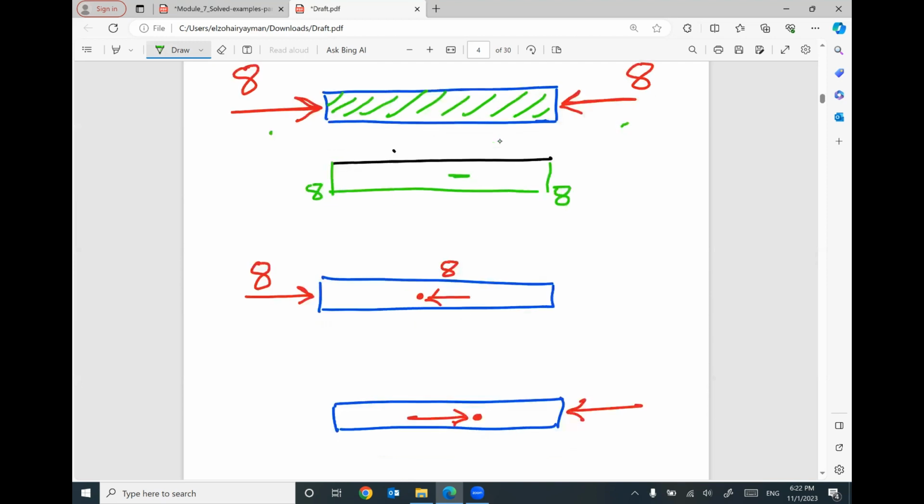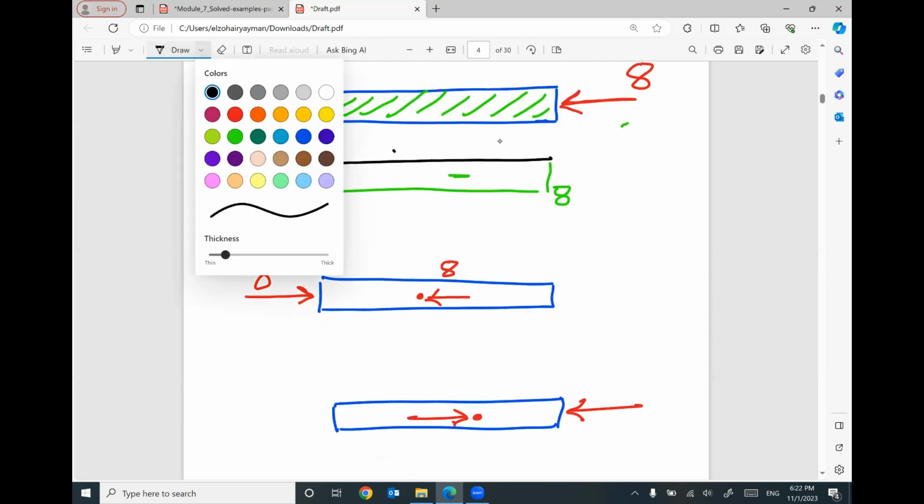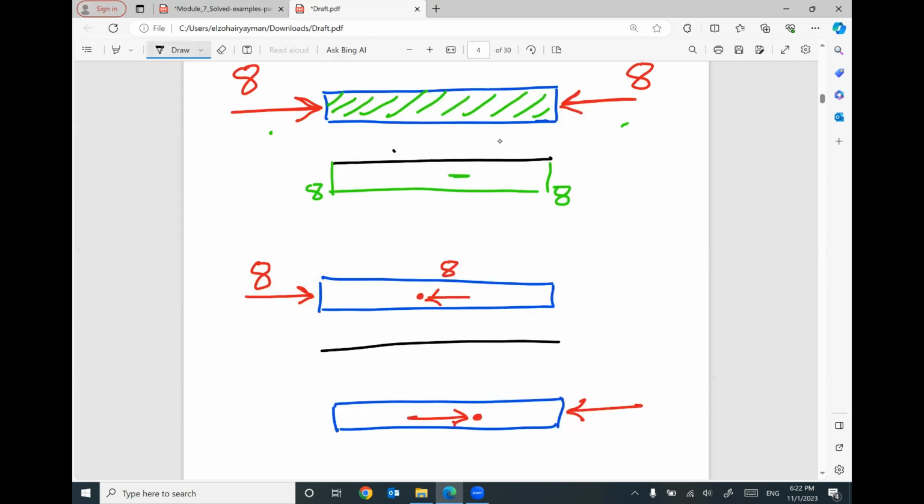But if your 2 opposite forces only cover part of the beam, this part only, then only this part is under the effect of 2 opposite forces pushing it. So this part only of the beam will be covered with the diagram 8, 8.